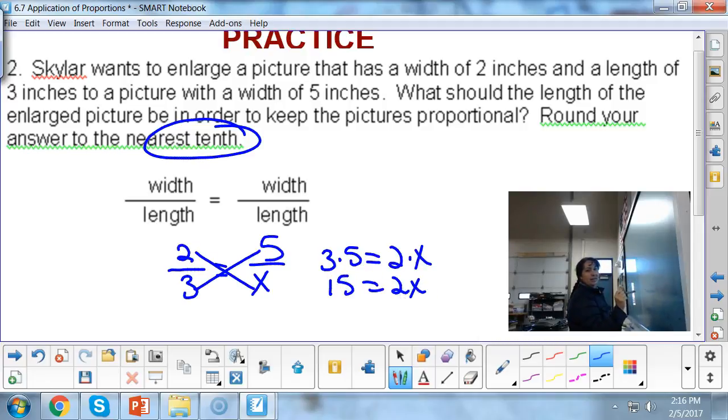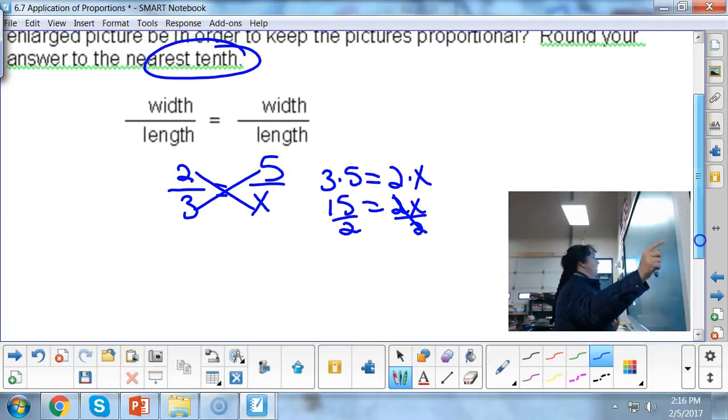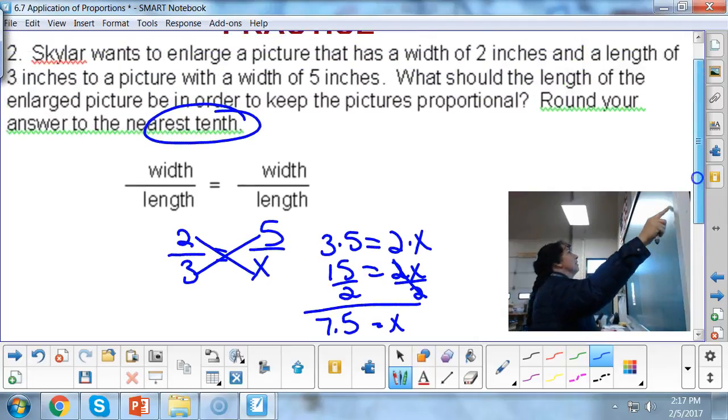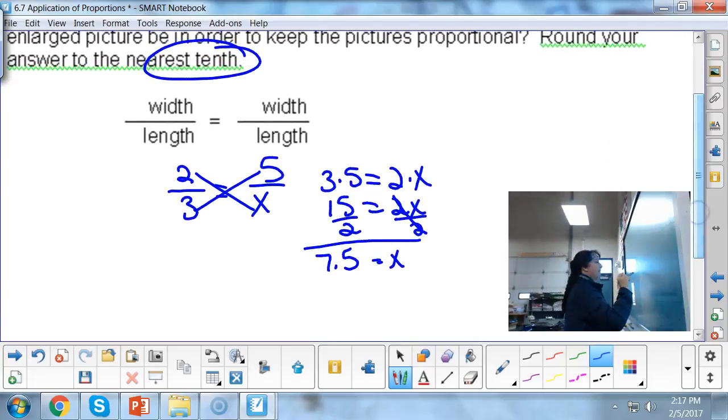To isolate or get the x by itself, I'm going to divide by 2 and divide by 2. And I get x is equal to 7.5 inches. So I'll just use a little symbol there for inches. 7.5 inches.